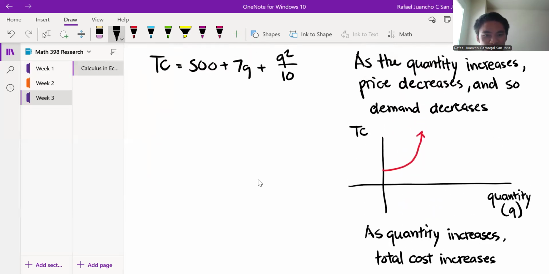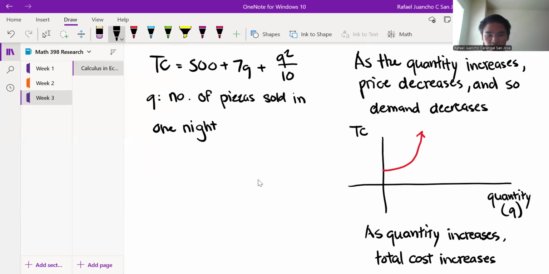I forgot to mention something. Q is the number of pizzas sold in one night, right?